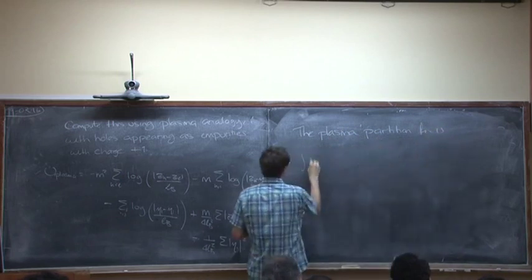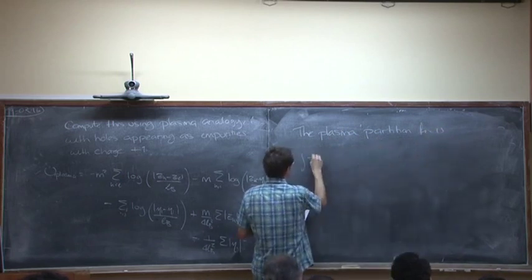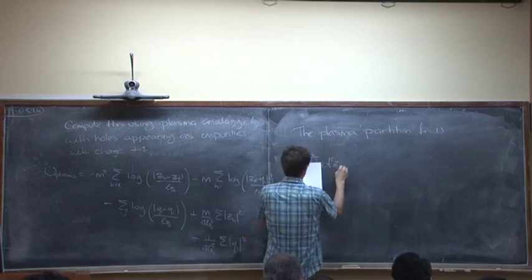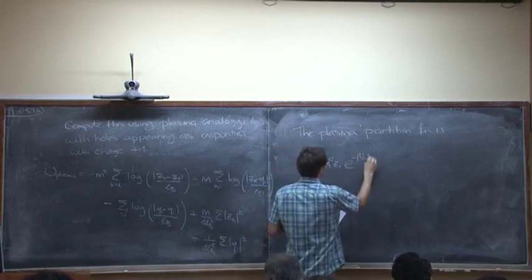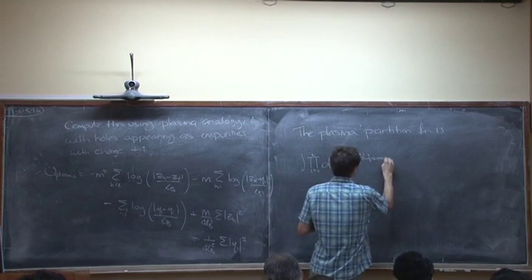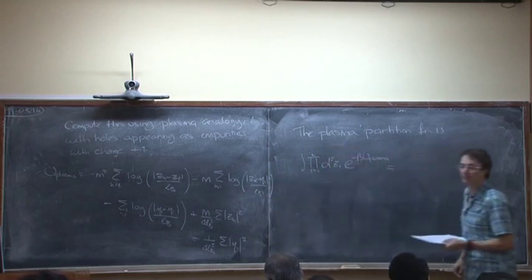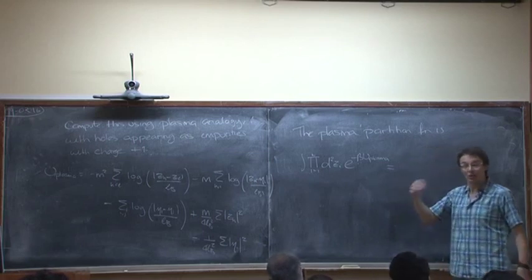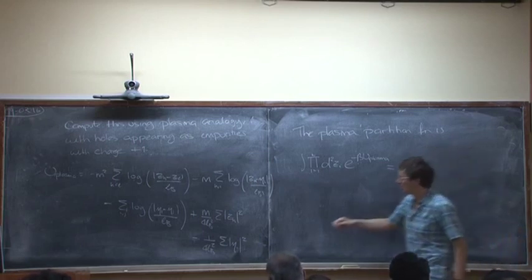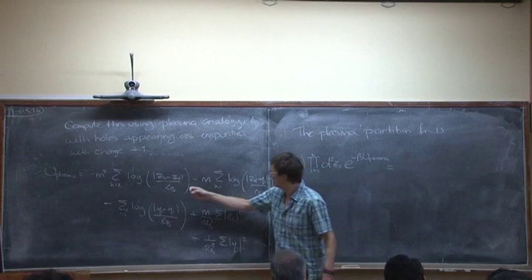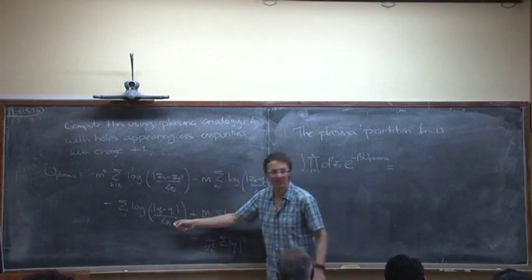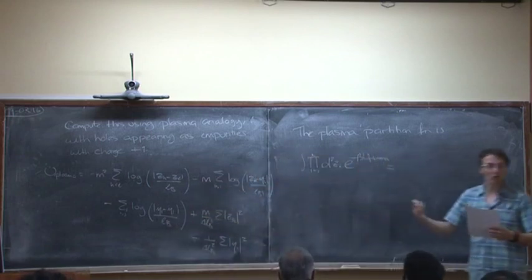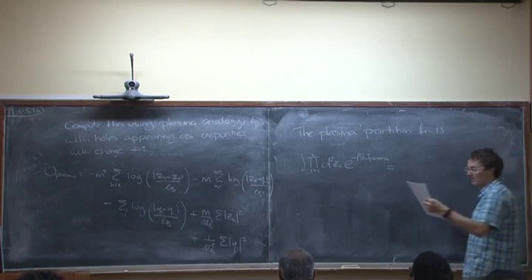Okay, so the plasma partition function is the integral over the electron coordinates of e to the minus beta times U, which is, as Sandy pointed out, not quite the Z that we had before, because these terms are different. They depend only on etas and not on z's.